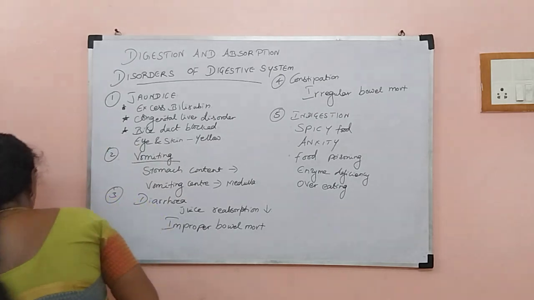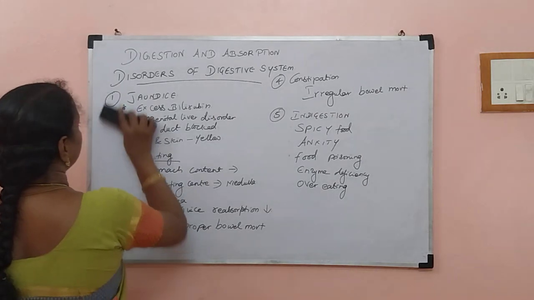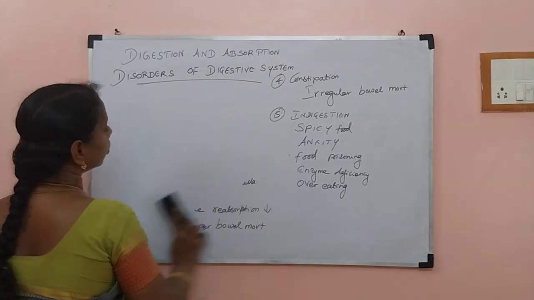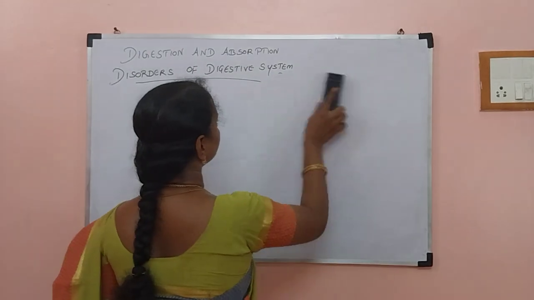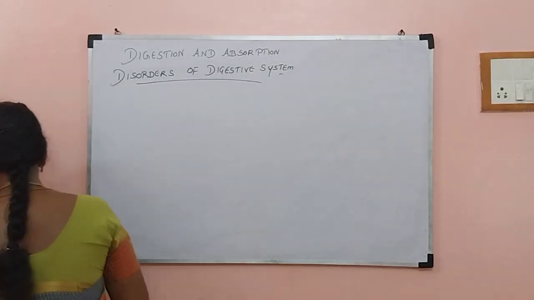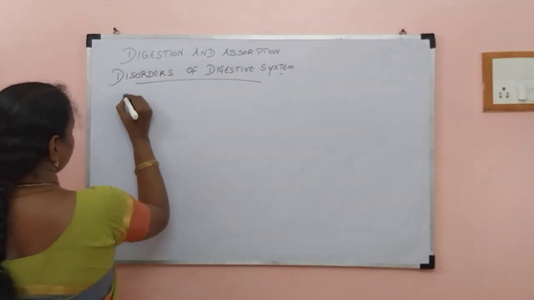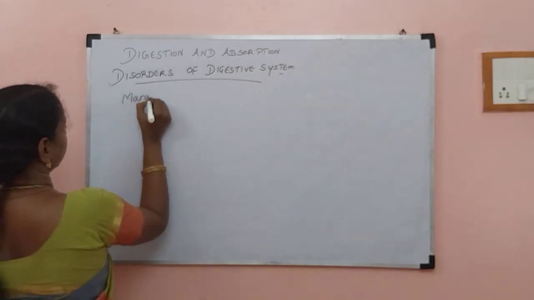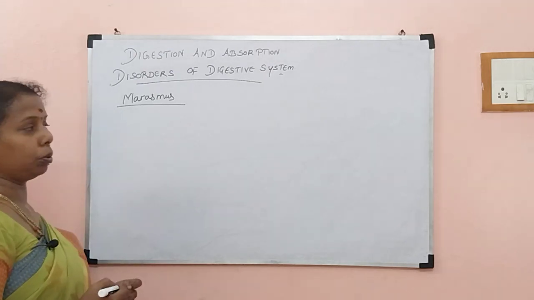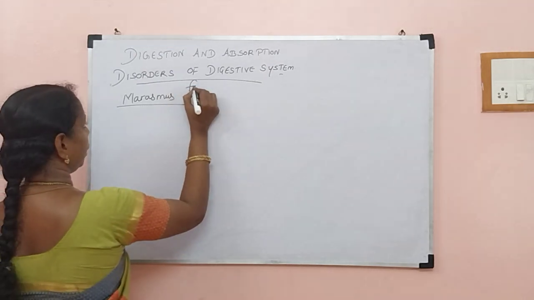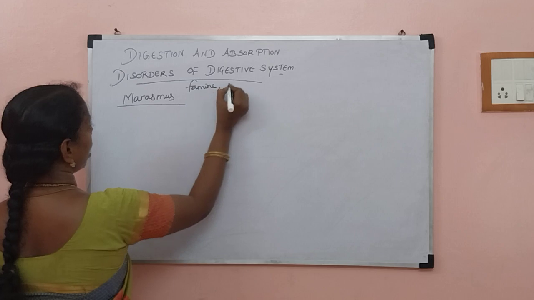Now let us see the next one. Marasmus. Marasmus and Kwashiorkor are both due to famine, starving.